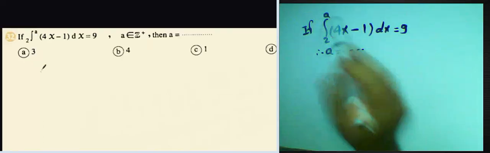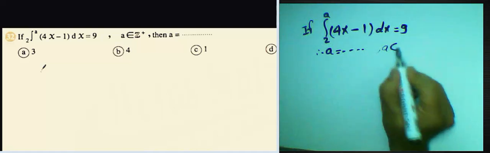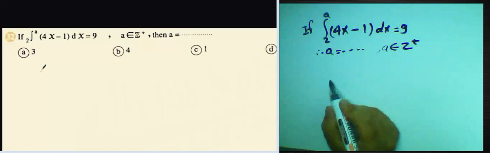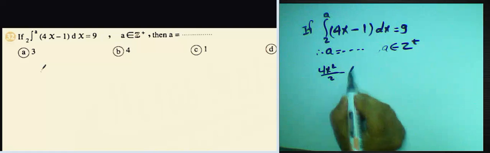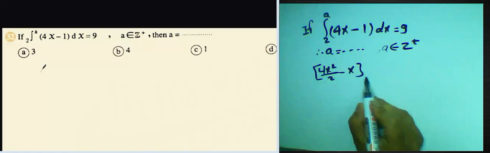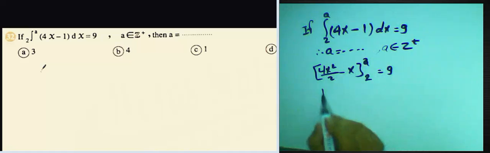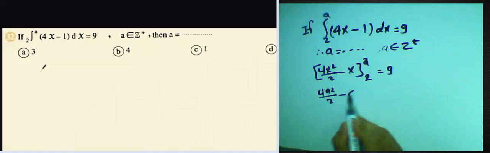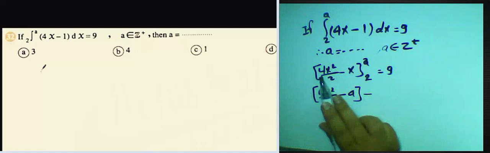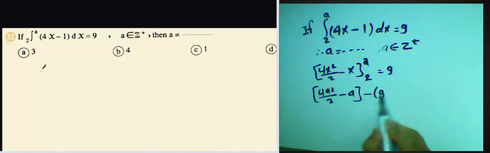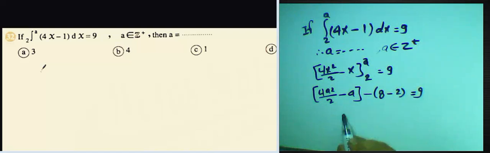If the integration from 2 to a of 4x minus 1 dx equals 9, and a belongs to positive integers, then a equals what? We can find the integration here, write 4x power 2 divided by 2 subtract x, and the limits from 2 to a equal 9. Put a here, it will be 4a power 2 divided by 2 subtract a, subtract 4 times 2 power 2, 4 times 4, 16 divided by 2 equals 8, subtract 2, and give us the result equal 9.